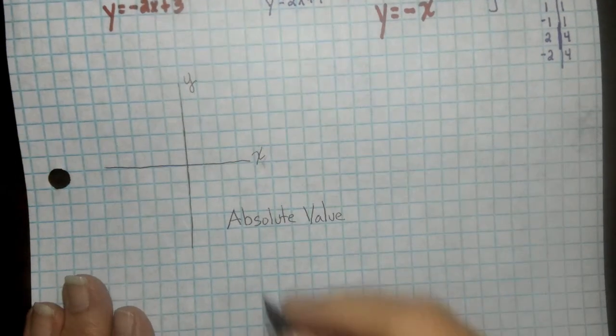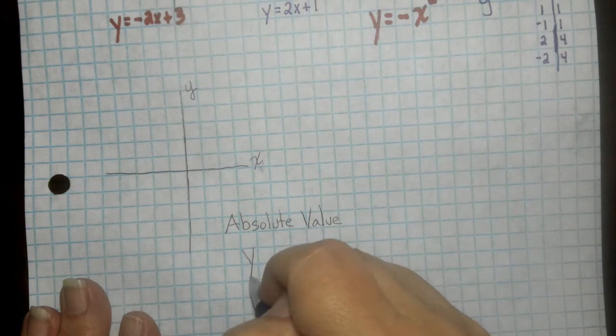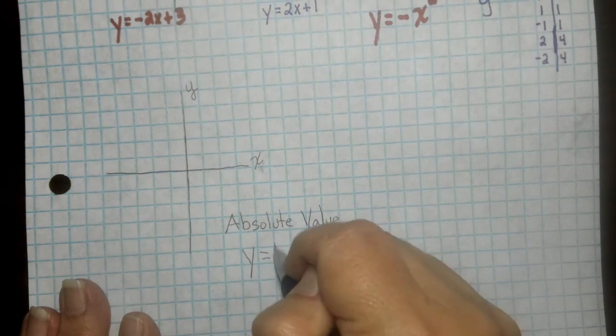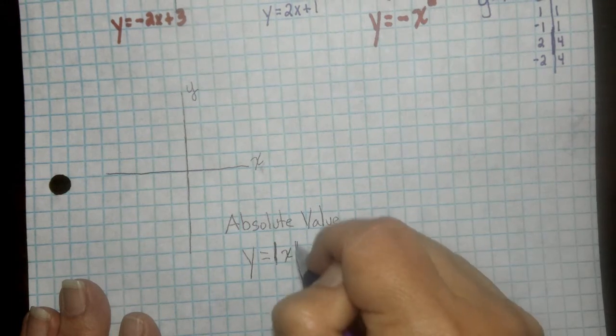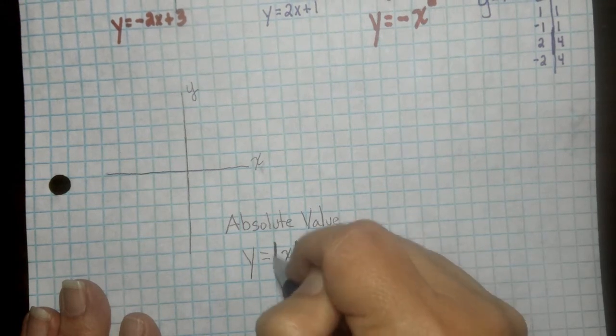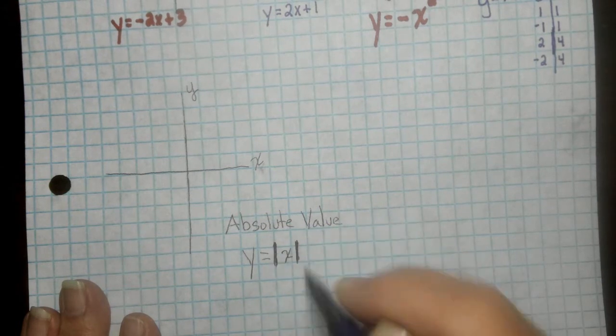And the absolute value looks like this. Y equals, and then it's like a little line with your x and another little line on this side. These two bars right here, these two lines, that means absolute value.